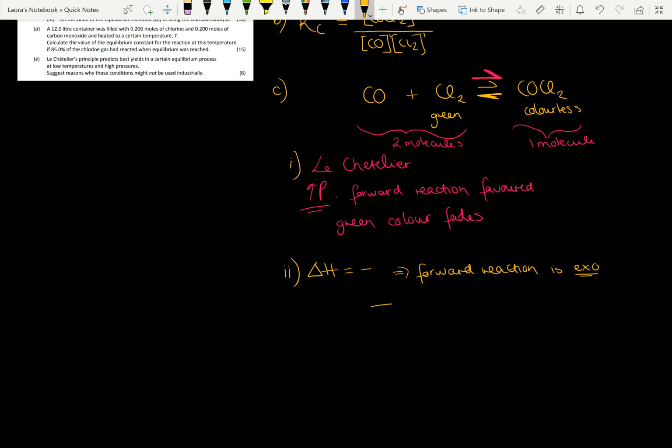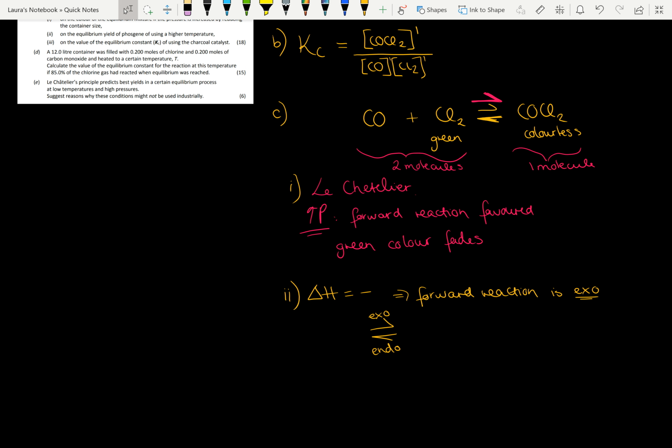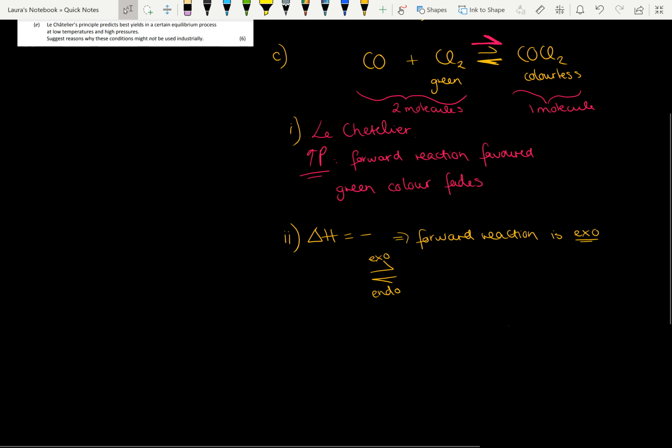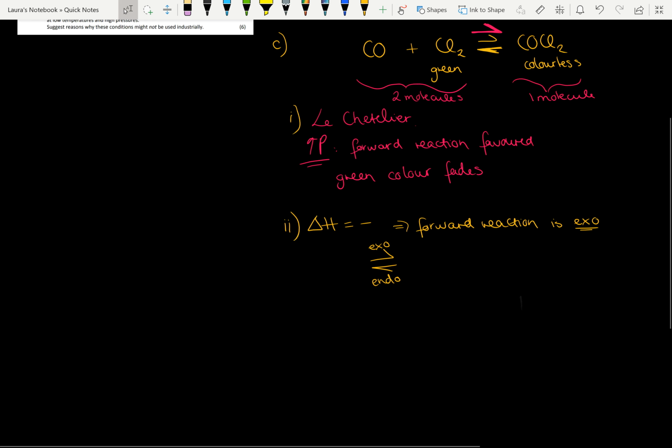So in our equation, if the forward reaction is exothermic, that means that the reverse is endothermic. Now, the question is, what will happen to the yield of phosgene, so that's our product. What will happen to the yield of that if we were to increase the temperature?